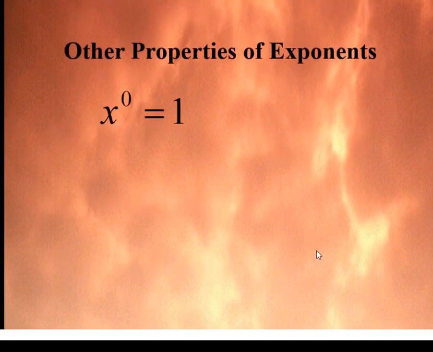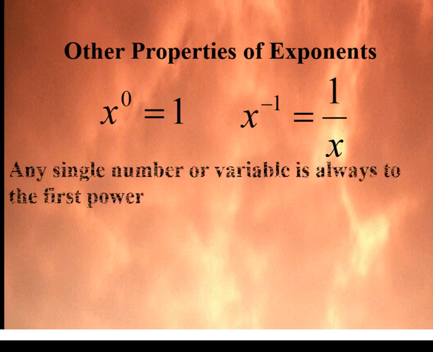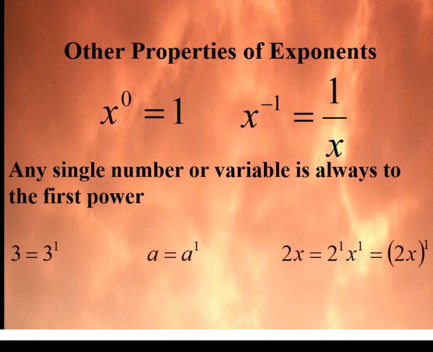So if we have x to the 0, that equals 1. Another property, x to the minus 1, is x in the bottom of the fraction. Anything to the first power is itself. So normally we don't write the 1 exponent because it's just understood that if it's not there, it's a 1.